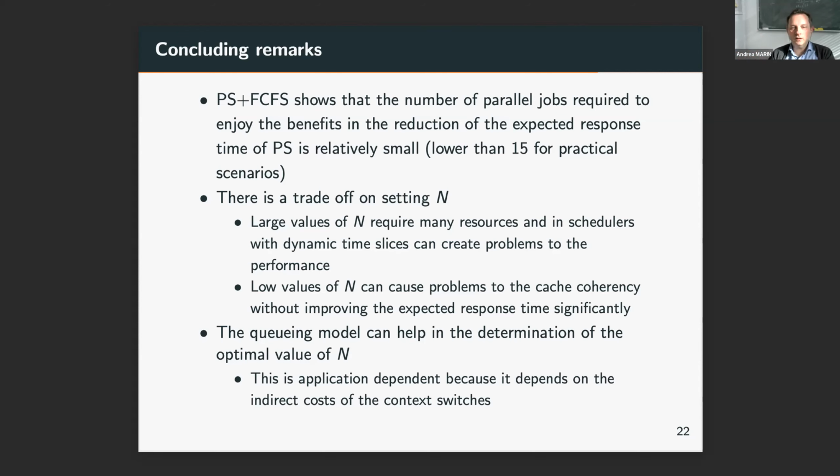So my answer is basically this. If you want to observe the tail of the jobs, and it's a large job, it's very likely that you will get something very similar to processor sharing, because the large job will enter the system and the parallel processing.